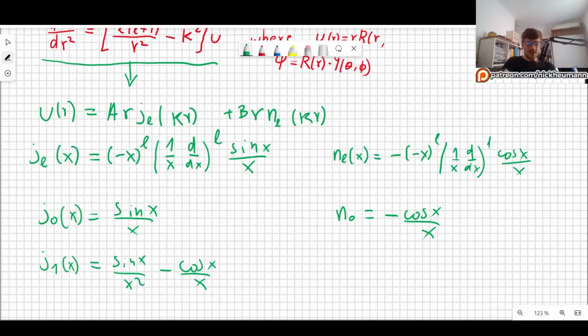So you can see that these expressions are very much not trivial at all. And the Neumann function for L equals 1 would be minus cosine of x over x squared minus sine of x over x. So you can see that you can find any of them.